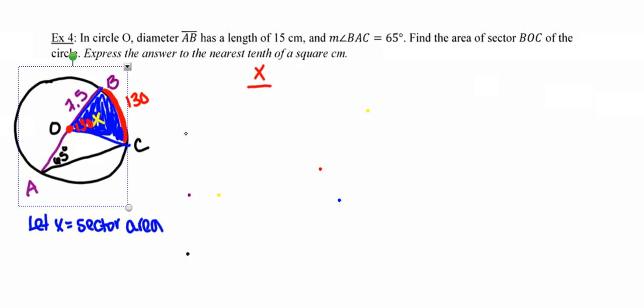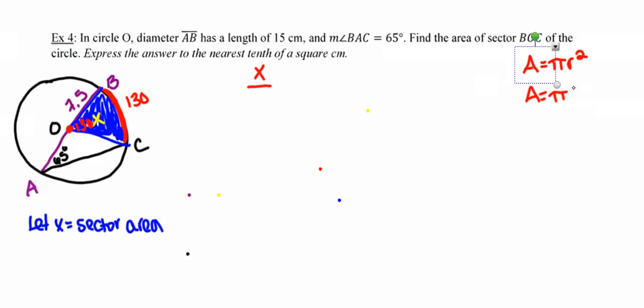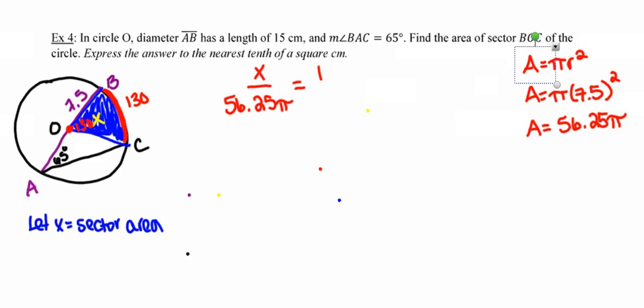Well, now I need to find the area of a circle whose radius is 7.5. So again, area is pi times r squared, or pi times 7.5 squared. And when I get my calculator out and square 7.5, I find that's 56.25. So the area of the whole circle, 56.25 pi, is equal to the measure of the central angle, 130, over the entire 360 degrees.